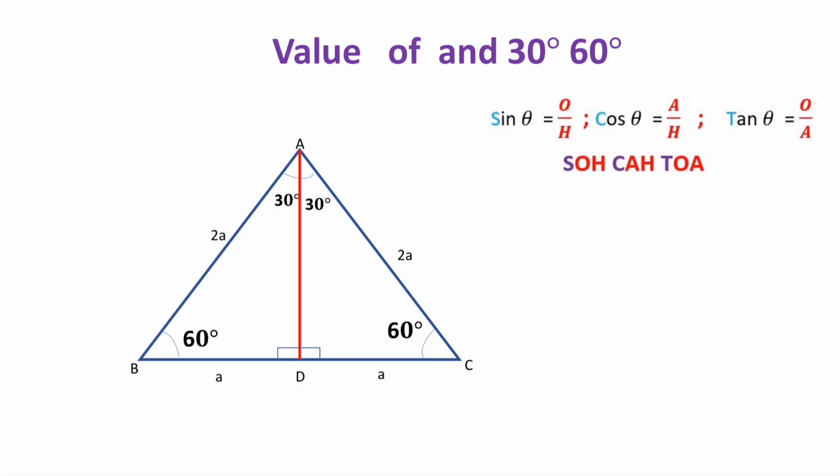Now we will take either of the two right angle triangles. Let us take triangle ABD. In this triangle, this angle is 30 degrees. The side opposite to this 30 degrees is BD, the adjacent side is AD, and the hypotenuse is AB, which is 2A.